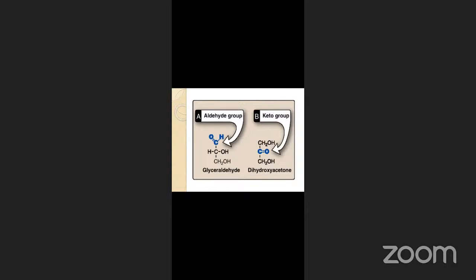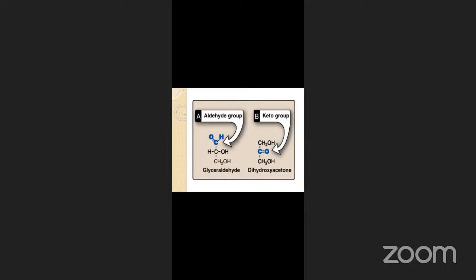Now if you add one more carbon like that, you will get different compounds. Finally, you will get, suppose, a glucose molecule. They are called monosaccharides. Glucose, fructose, glyceraldehyde, mannose, galactose, all these are monosaccharides. Mono means single, saccharide means sugar. Usually we call carbohydrates saccharides, that means sugar molecules.